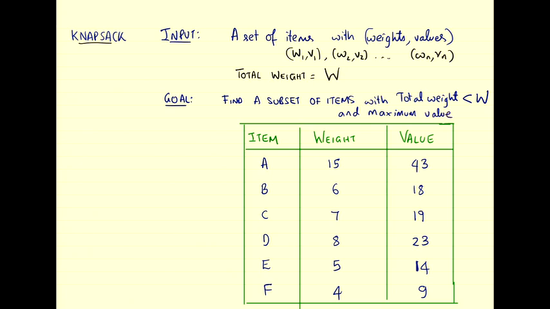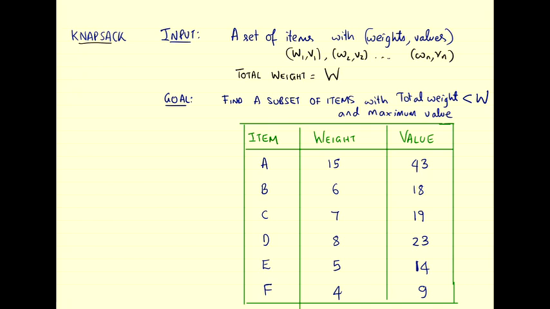Now, as you can see, this is a very ubiquitous problem. Any time you have some budget, say for an ad campaign, and you have different kinds of ads you can run, like television ads and newspaper ads, each kind of ad reaches some number of people.